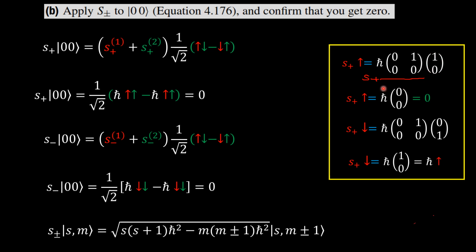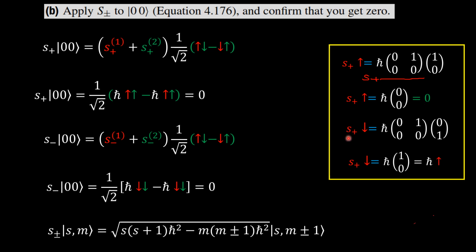So you multiply first row and this column, 0, second row and this column, 0. So H cross times this is the 0 0 matrix. So naturally when the rising operator acts on the spin up state, you will get 0.